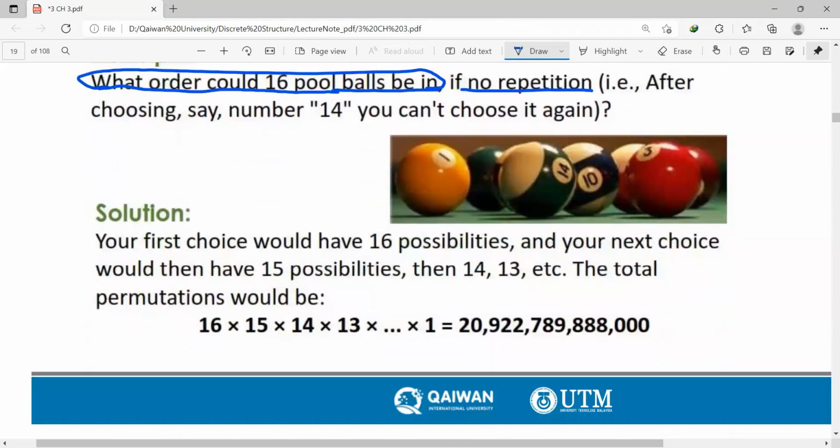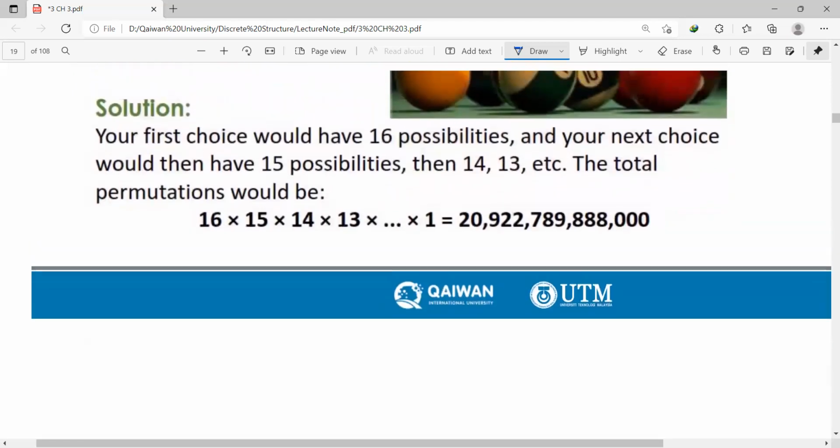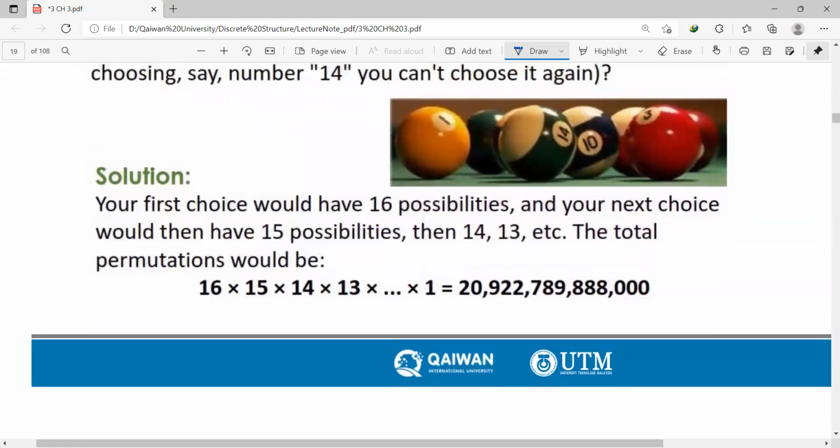And the result is 20 trillion 922 billion 789 million 888,000. That is the number of ways that the pool balls can be ordered. Okay, we just multiply them.